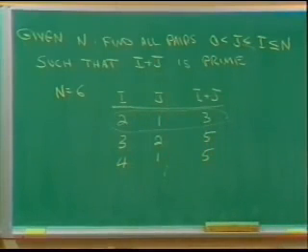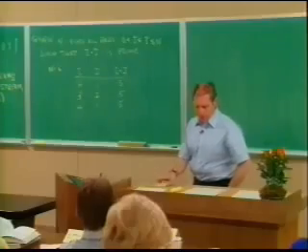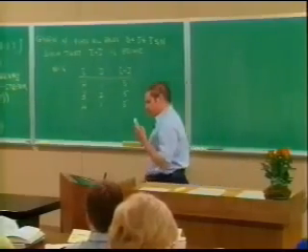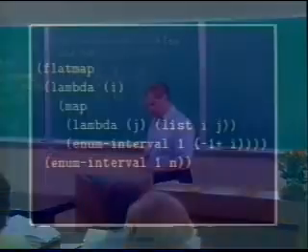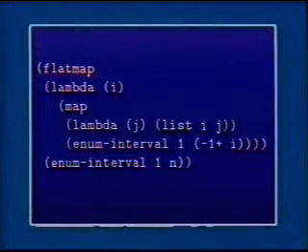Okay, well, that's easy. Let's build it up. We're going to start like this. We're going to say for each i in the interval 1 through n, we're going to generate a stream. What's that stream going to be? We're going to start by generating all the pairs.